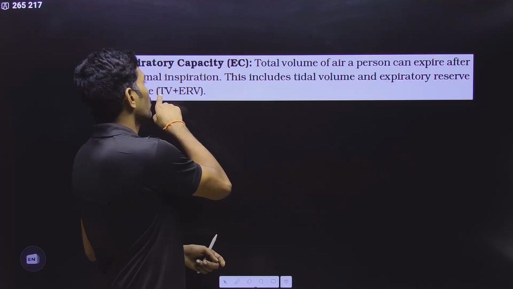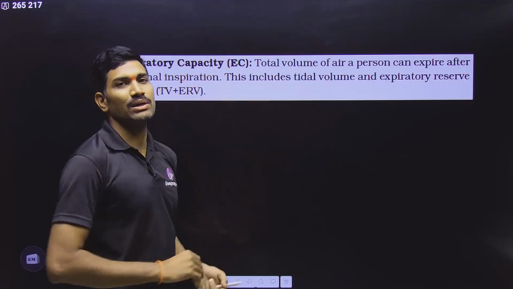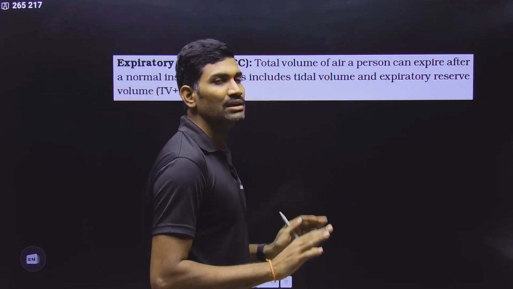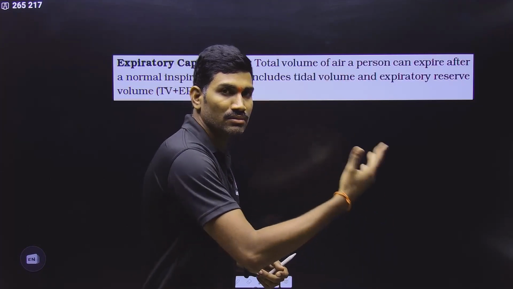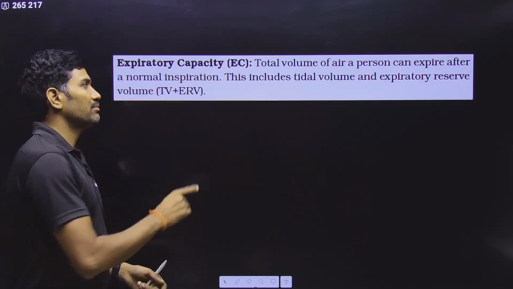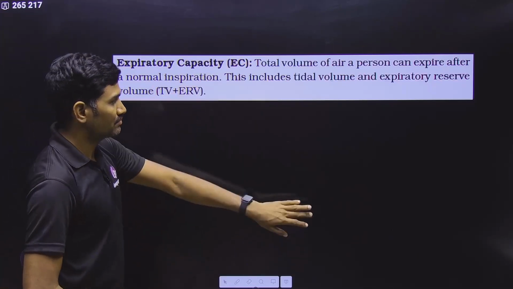Then both tidal volume and expiratory reserve volume will go out. That combined is called expiratory capacity. So now I will do normal inspiration, then forced expiration. This is the expiratory capacity. Please remember this: EC, expiratory capacity, is equal to TV plus ERV.